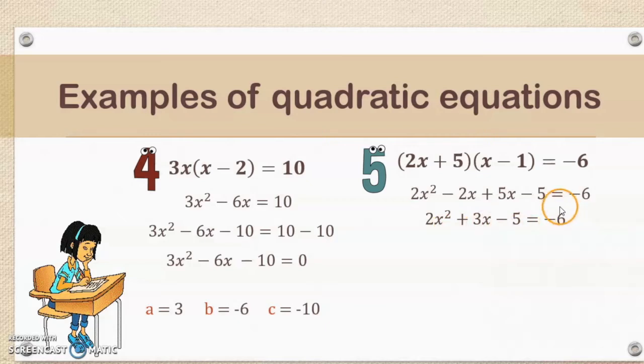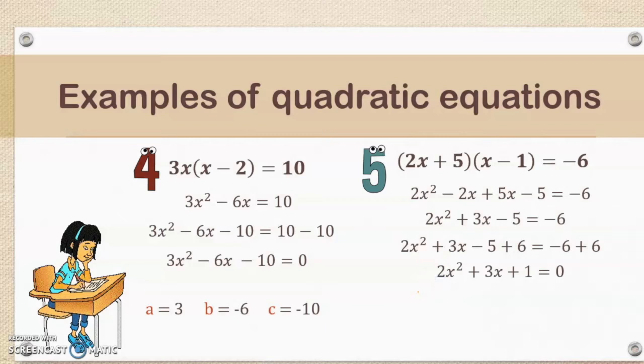Next step is to make this expression equal to 0. So, we will add 6 on both sides of the equation. Then, we have to simplify negative 5 and positive 6.